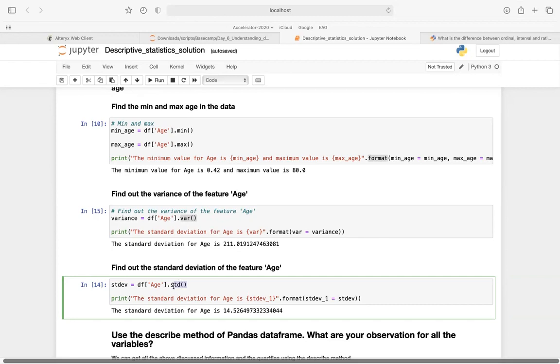So if I simply say STD, the short form for the standard deviation, I can see the standard deviation for the age is 14.52. Now, yes, the scale of this value is pretty much the same as the scale of the age values.